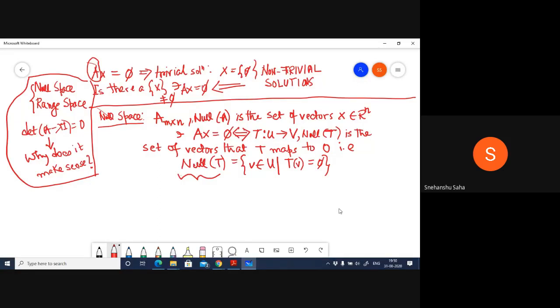So the idea is the following. I think Moitrish got it right. The idea is that if there are two vectors in null of T, then their sum, or the additive property, is also closed.